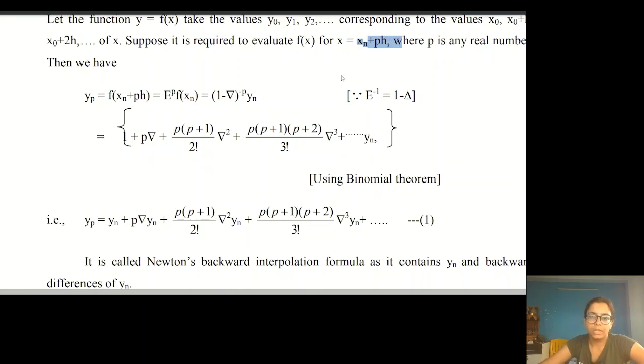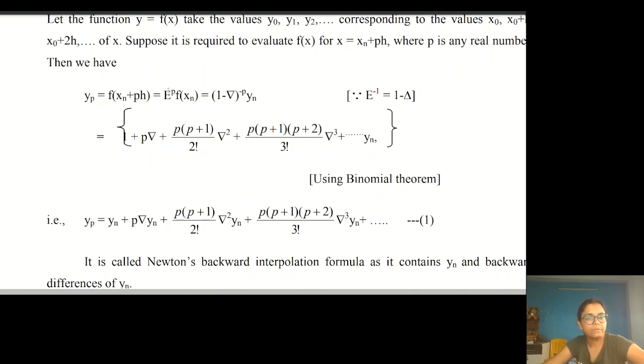Now, to get the value at xn plus ph, we would take the relationship e to the power minus 1 equals 1 minus delta. We could say this from the shift operator video, where I have already discussed this relationship between the operators delta and nabla.